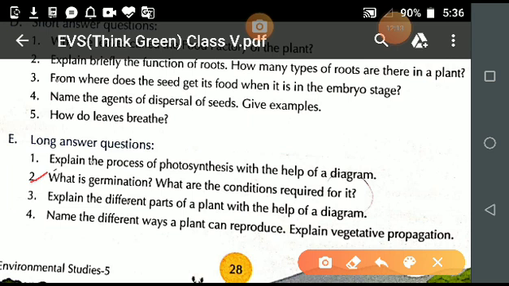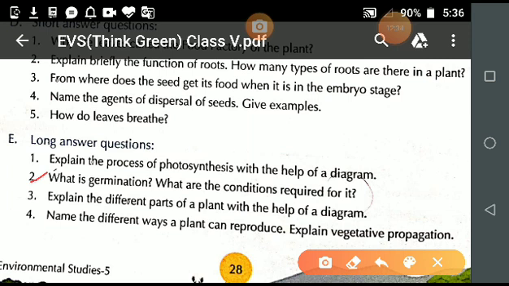Now take your rough copy and write the answer. What is germination? What are the conditions required for it? Note down the answer.